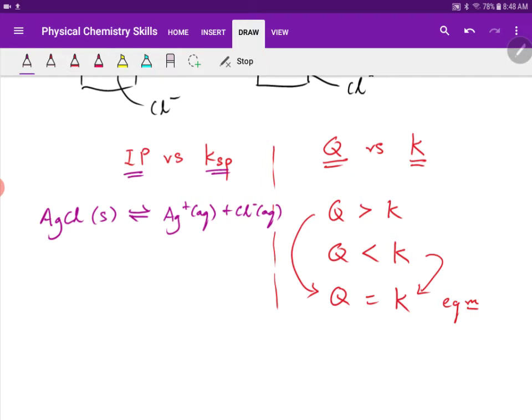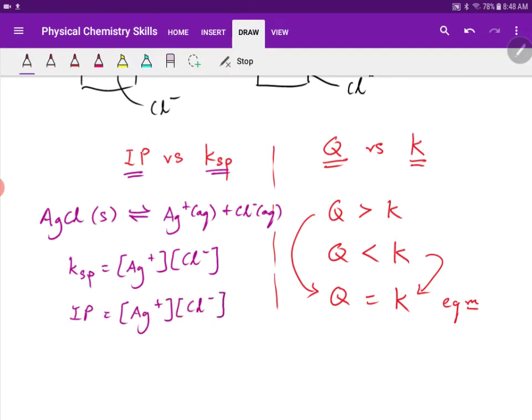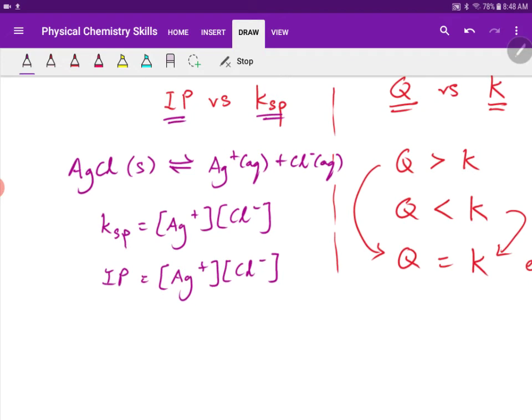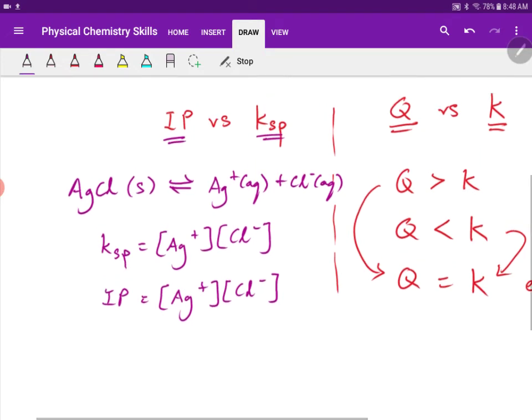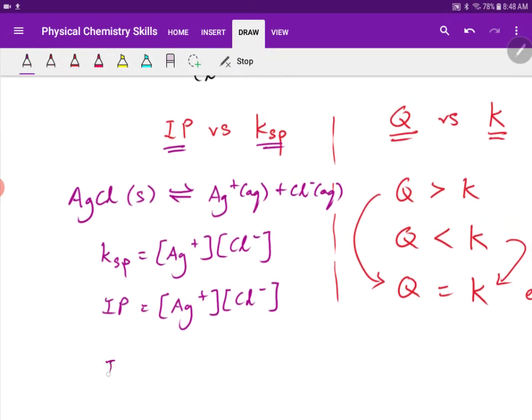For us to form the IP or KSP expression, we will just write KSP is equal to [Ag+] multiplied by [Cl-], and IP is equal to [Ag+] times [Cl-]. Notice that both of them have the same expression. So what happens if IP is greater than KSP?